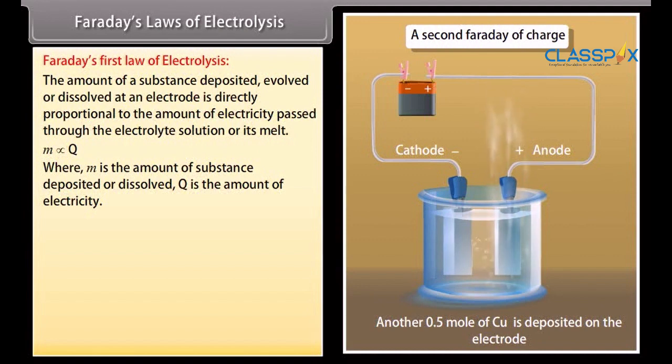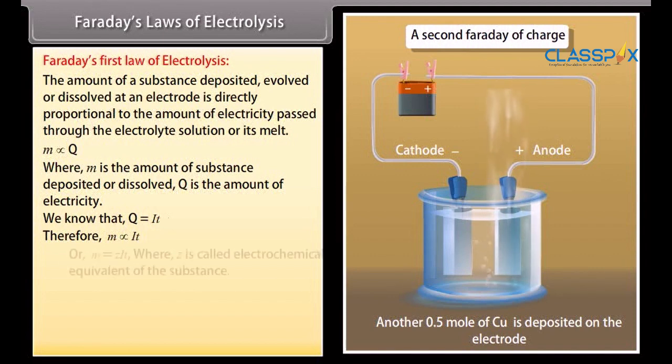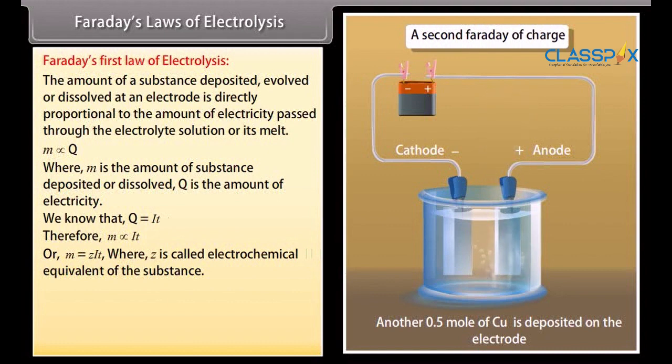Q is the amount of electricity. We know that Q is equal to I times t. Therefore, M is directly proportional to It. It can be written as M = ZIt, where Z is called electrochemical equivalent of the substance.